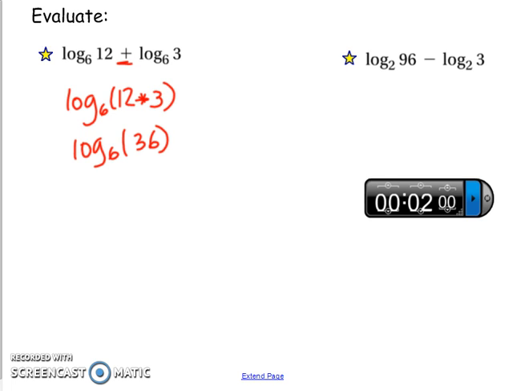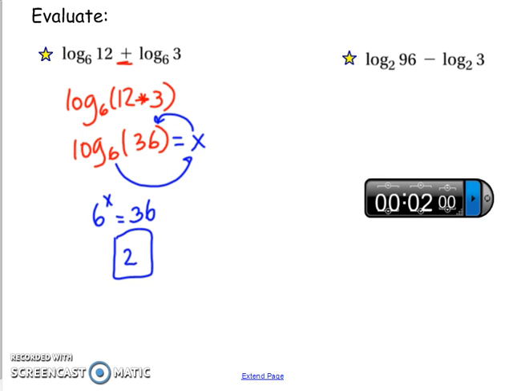And now I'm trying to figure out what this is going to evaluate to. Like we did last class, we can set this equal to x and then rewrite this and say 6 to the x equals 36. So in this case, x has to be 2, so this evaluates to 2. So log base 6 of 12 plus log base 6 of 3 is 2.